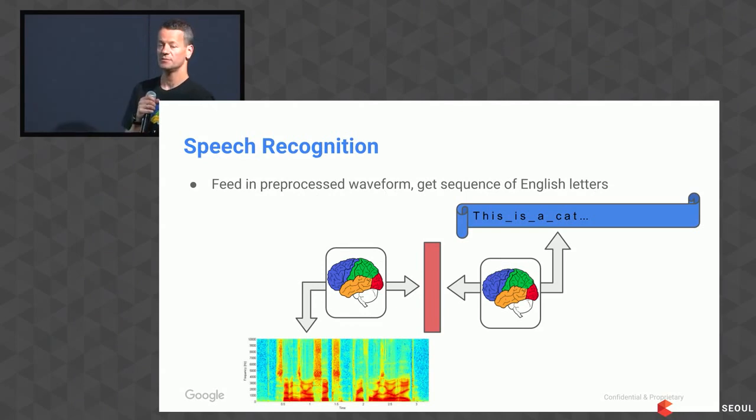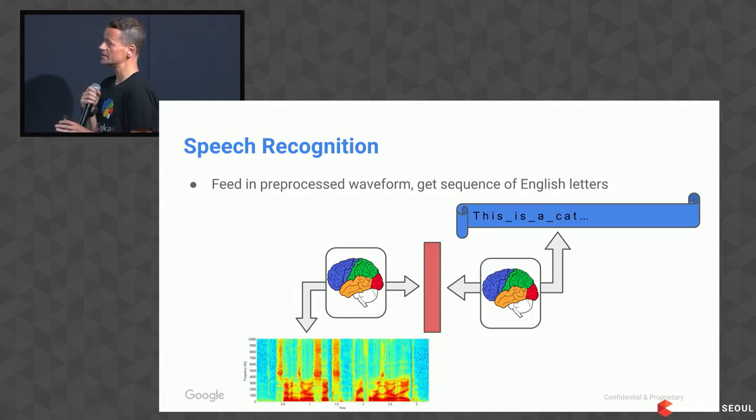So what can you do with these models? Even the simplest models you can use for these things. In practice, they are more complicated, but the concept is the same. In this case, we feed in a pre-processed waveform of arbitrary length, and it goes through the network, and you get out a sequence of English letters, or in fact any letters.